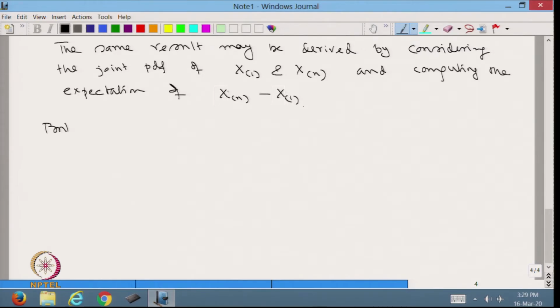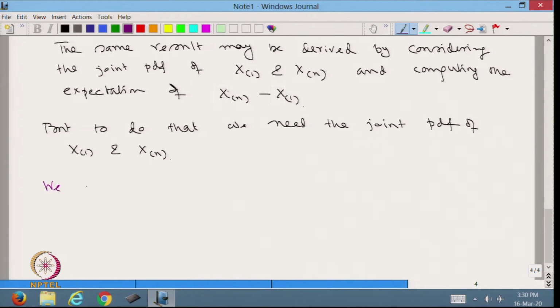But to do that, we need the joint PDF of X1 and Xn.